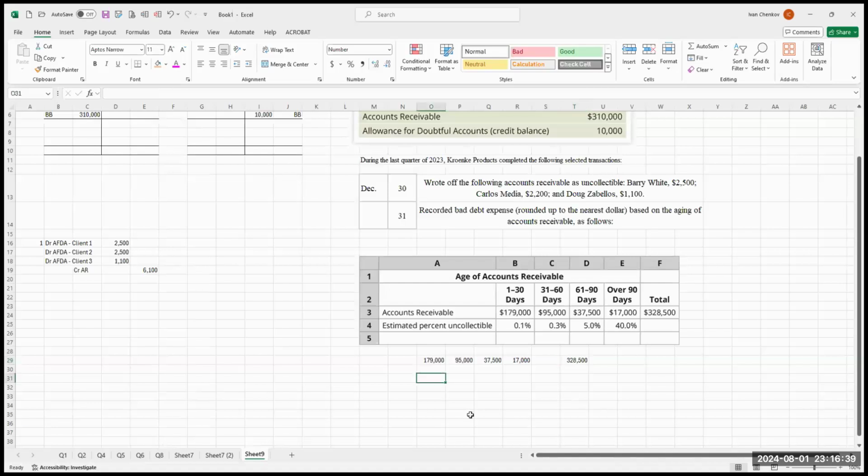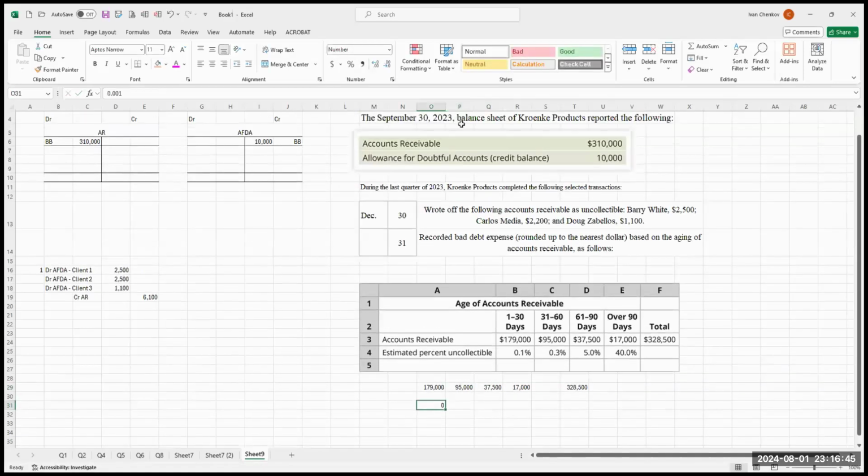Then we have the percentage, 0.1% is here. Now we can flip on the percentage here to see it, and that will be like that. On the next one, we have 0.3%, then we have 5% here, and then we have 40% here.